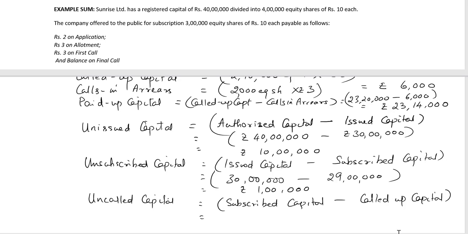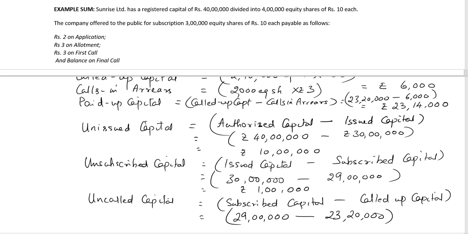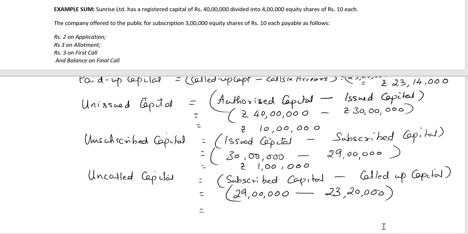The subscribed capital 29 lakh rupees minus the called up capital, it's 23 lakh 20,000 rupees, comes up to rupees 5 lakh 80,000 rupees.